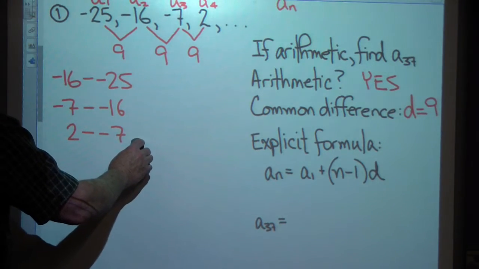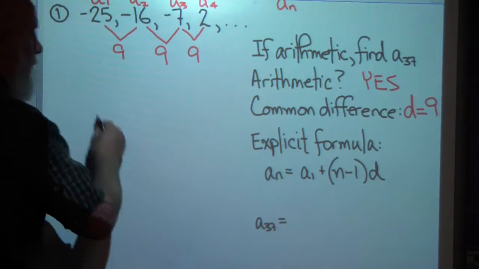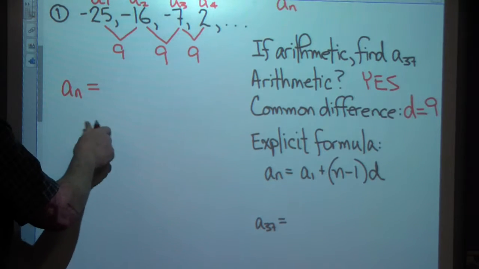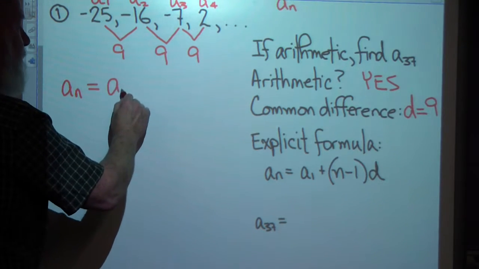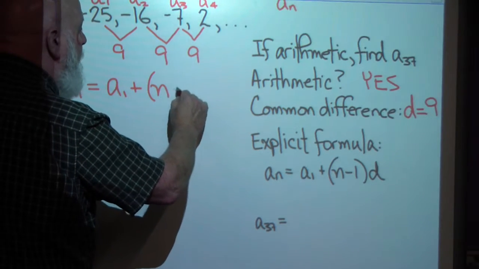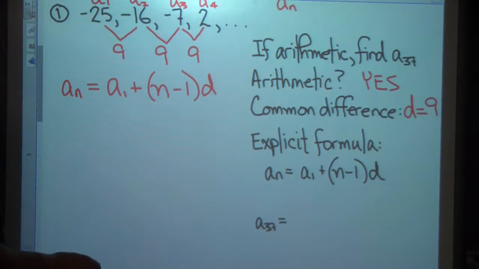I'm going to get rid of this scratch work here. Here's our explicit case: a sub n is equal to a sub 1, that's the first term of the sequence, plus n minus 1 times the quantity d.